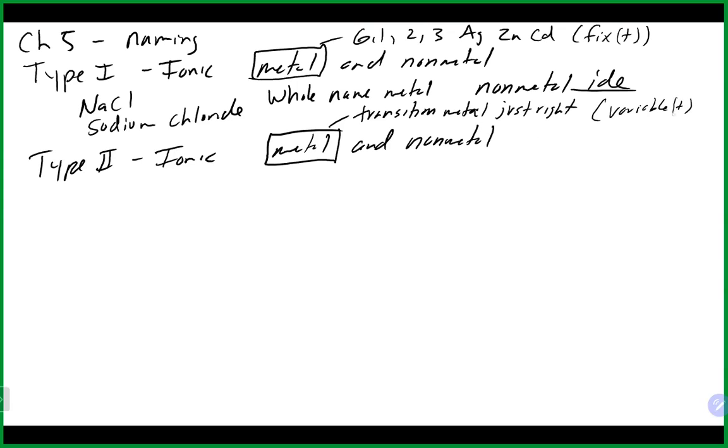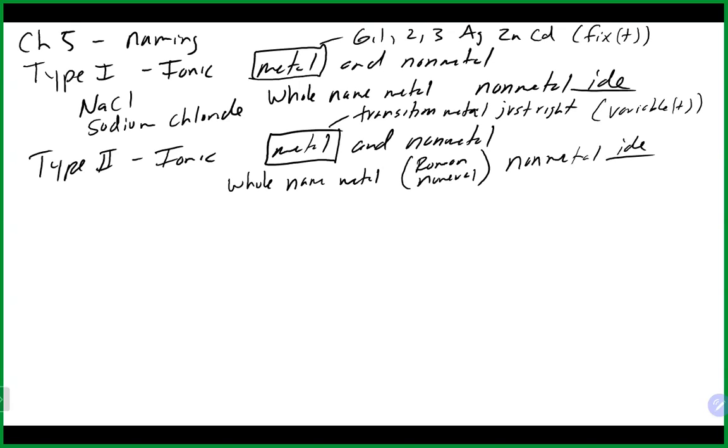That means that when we name these guys, we have to add an additional thing, which is the whole name of the metal. We need a Roman numeral. And remember that the Roman numeral is not how many metals you have. It is the positive charge on one of those metals. And the non-metal will still get the IDE treatment at the end.